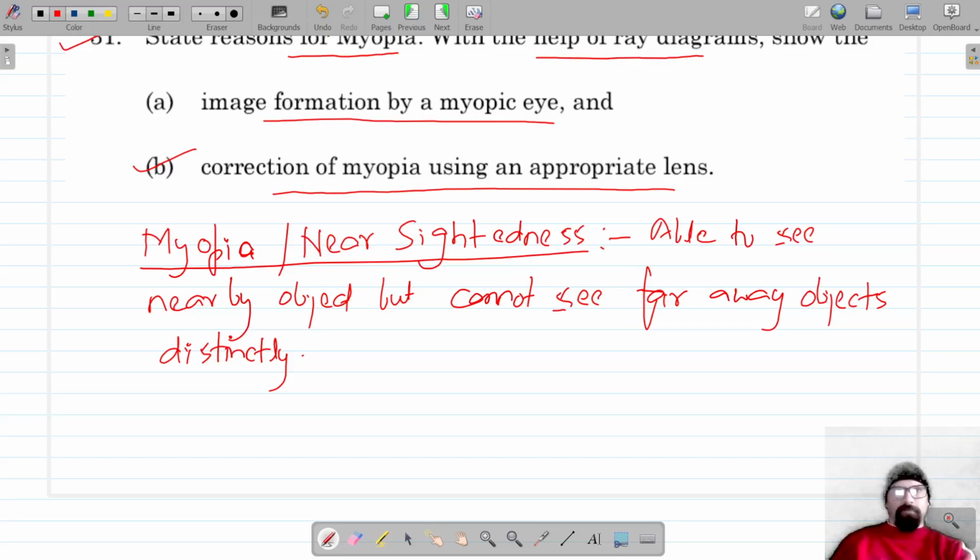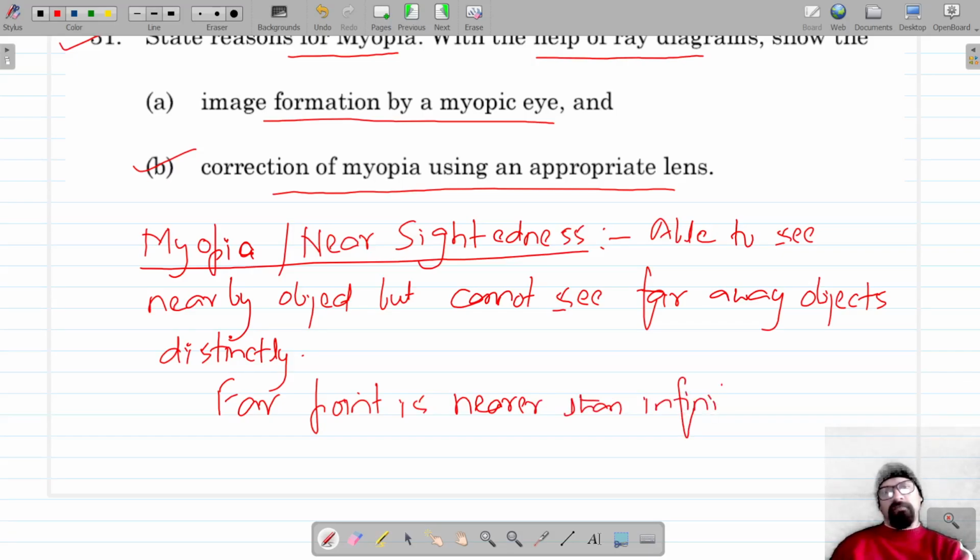A person with myopia can see the nearby objects clearly, but cannot see distant objects distinctly. A person with this defect has the far point nearer than infinity. So you have to understand this: the far point is nearer than infinity, and then I will let you know what exactly you have to write as an answer.